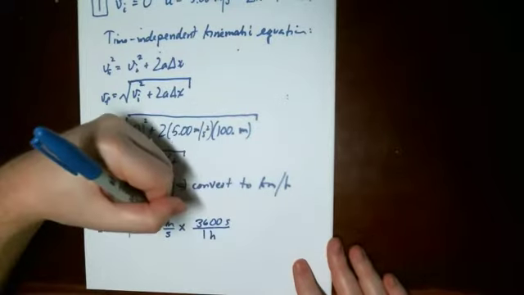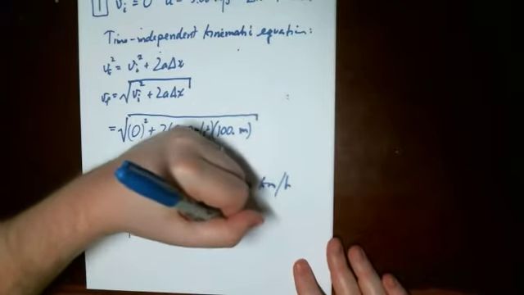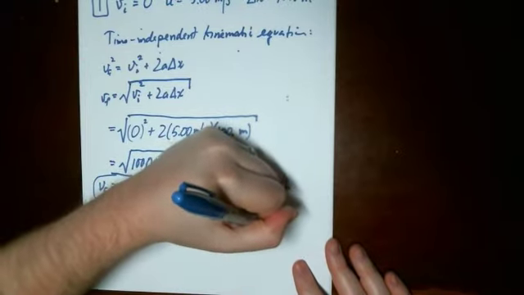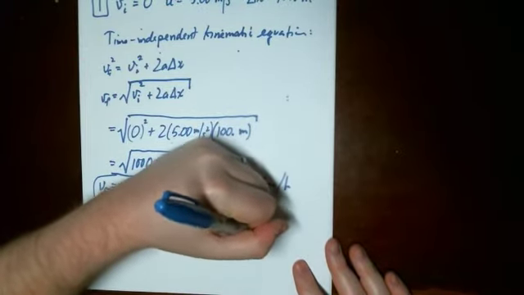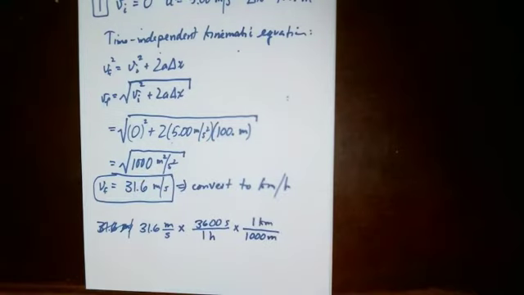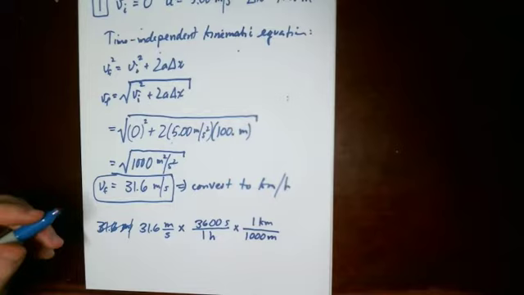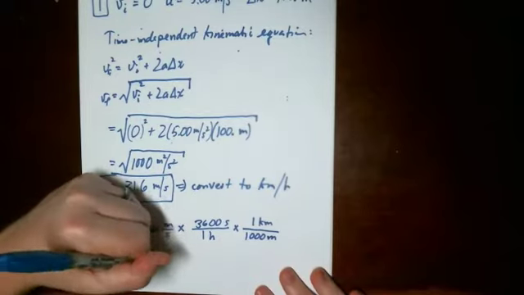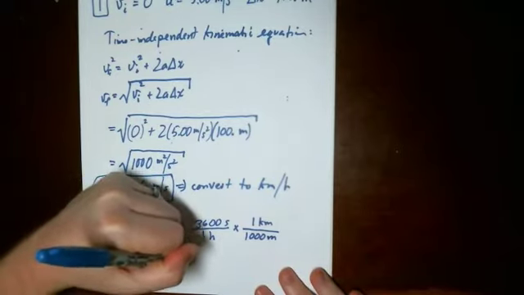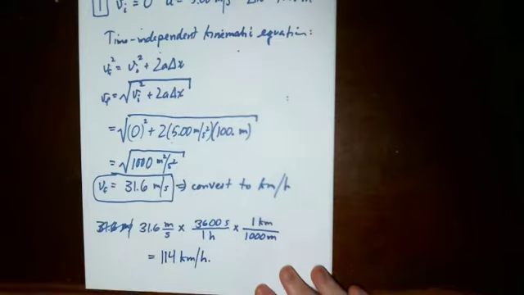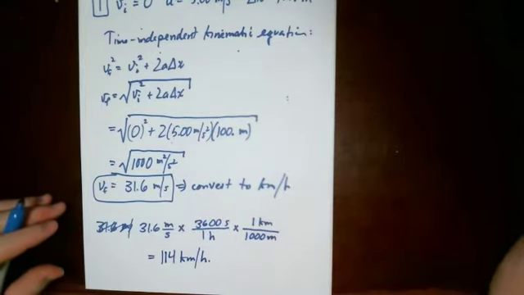And we want to cancel the meters and replace it with kilometers. So we know that 1 kilometer is 1,000 meters. And when we do out this multiplication, we should find that the velocity in kilometers per hour is about 114 kilometers per hour. So that's how you do number 1 on the reading quiz.